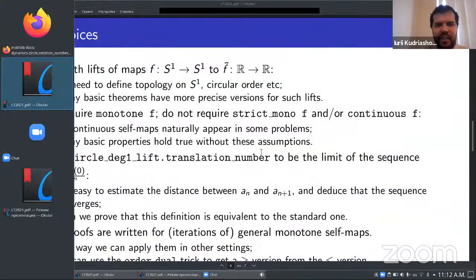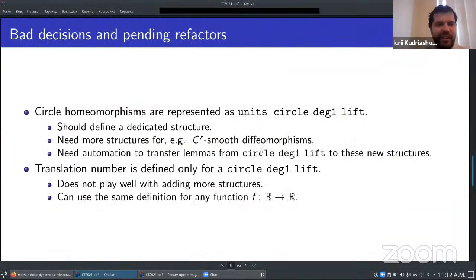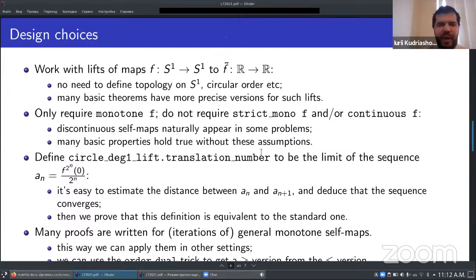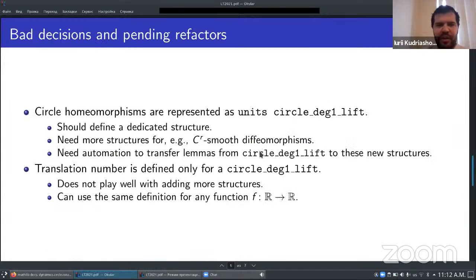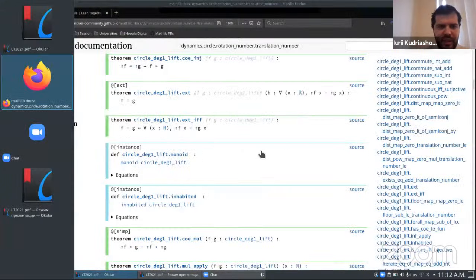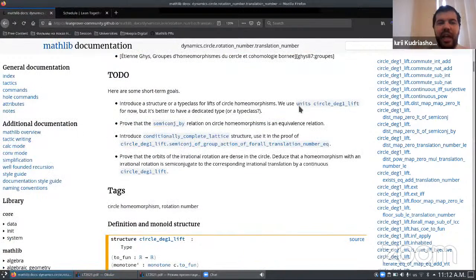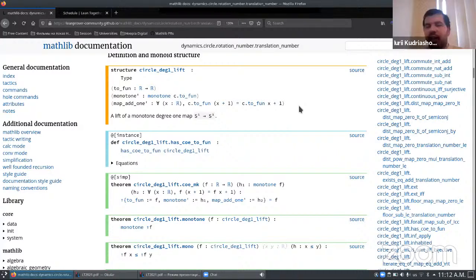I also made some bad decisions. First, all you have is this definition, and you want to speak about circle homeomorphisms. So you want to require that actually f is strictly monotone and continuous.